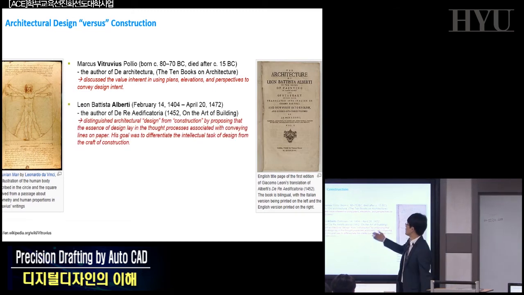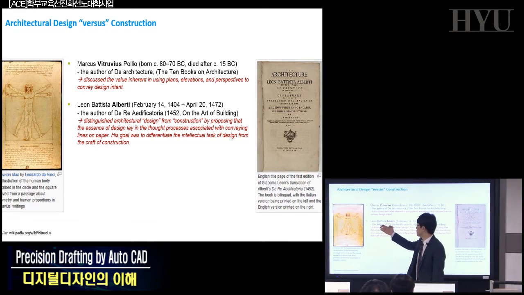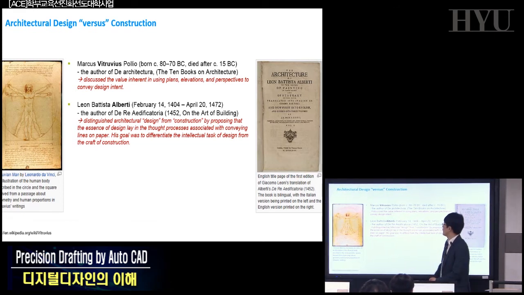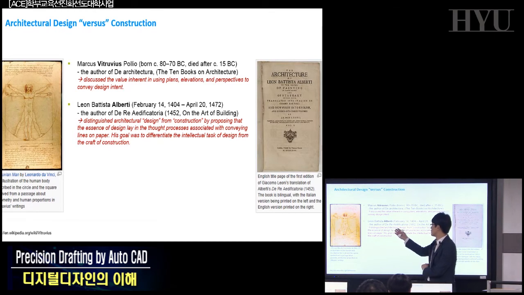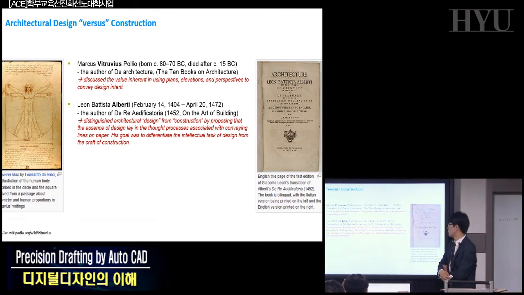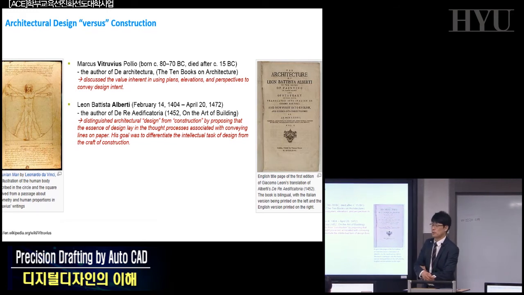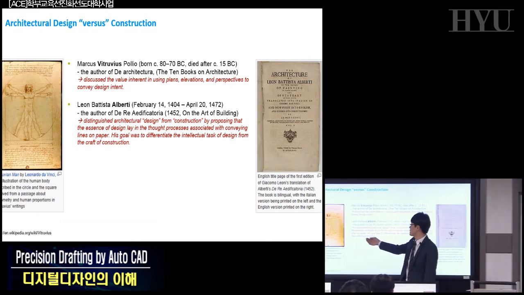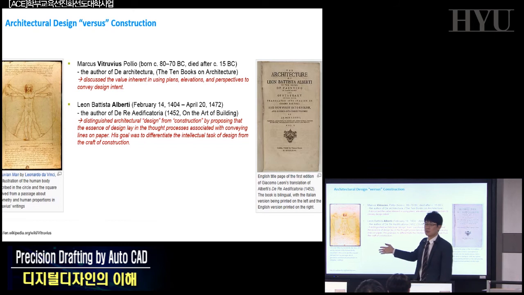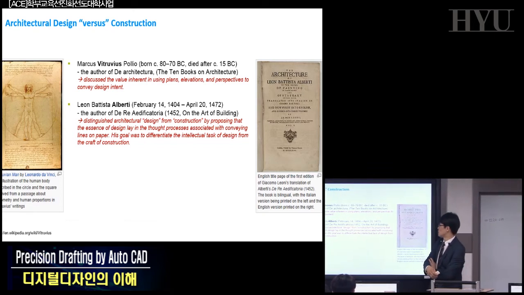And another one, in the age of Renaissance, Leon Battista Alberti distinguished architectural design from construction by proposing that the essence of design lay in the thought processes associated with conveying lines on paper. Conveying lines on paper, which means drawings, plans, okay?